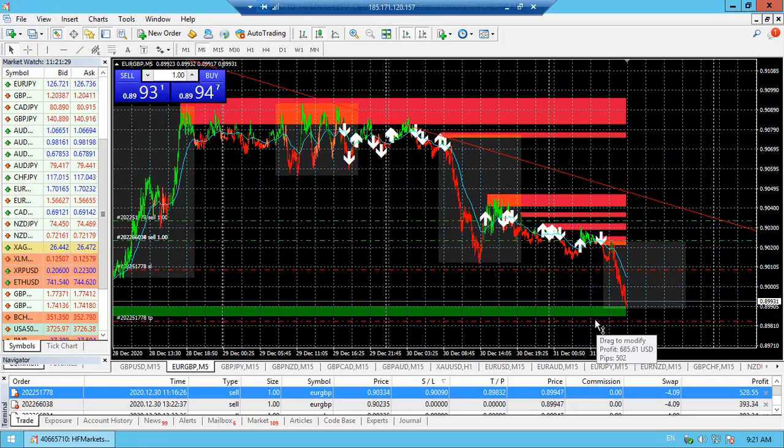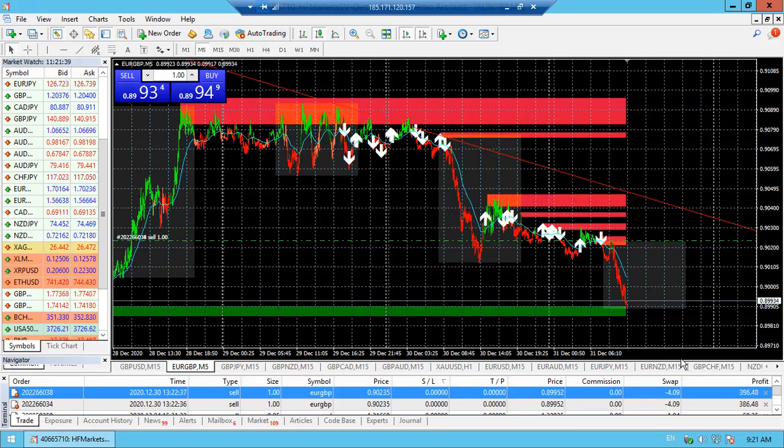So this is it, the TP. I think I'll take down one of my trades. Okay, took down one of my trades, and let me adjust this.